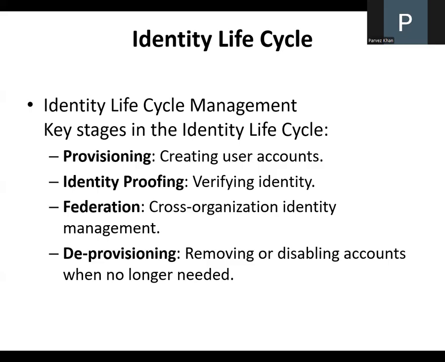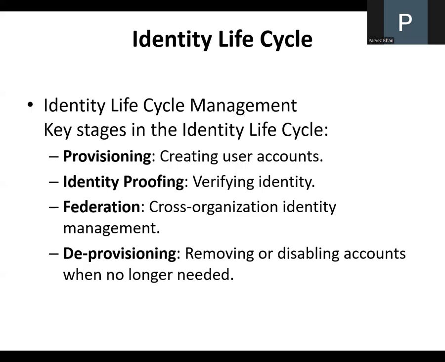The life cycle starts from provisioning, identity proofing, federation, and then deprovisioning. Provisioning is the creation of an account. Once a person joins, we create the ID, verify his identity, and provide authorization and role-based access. A predefined access will be given to him.